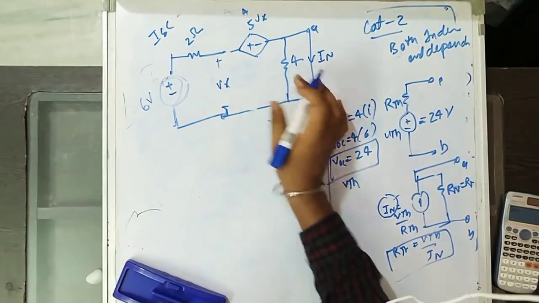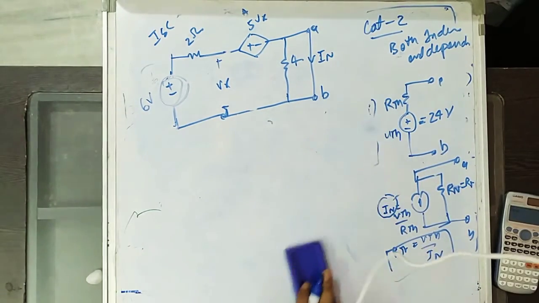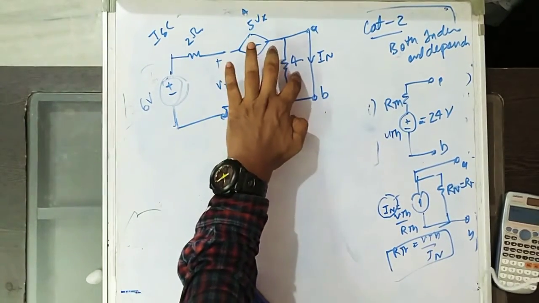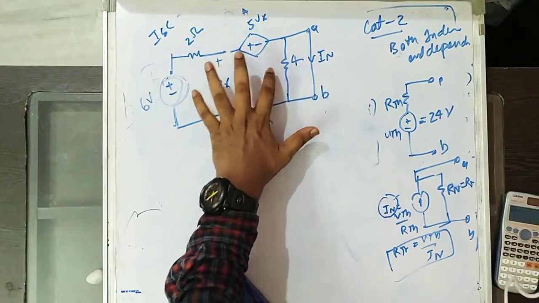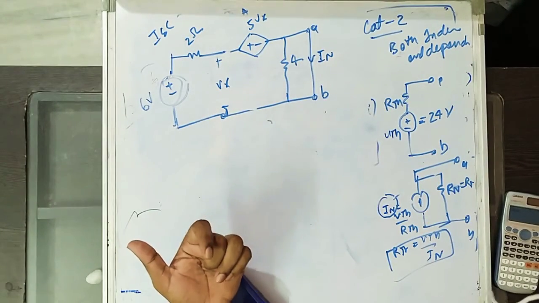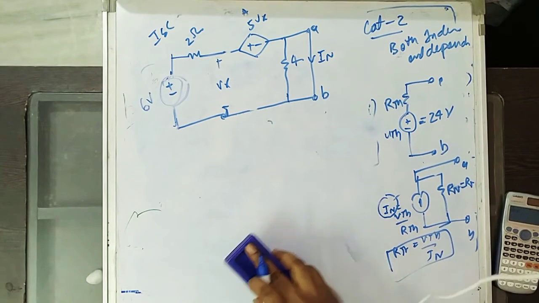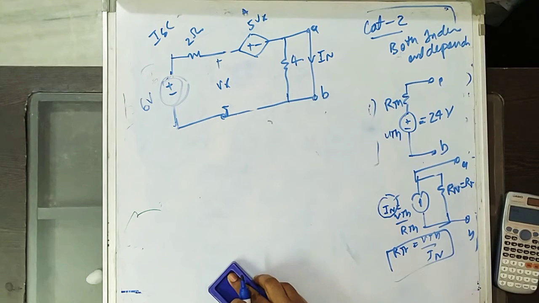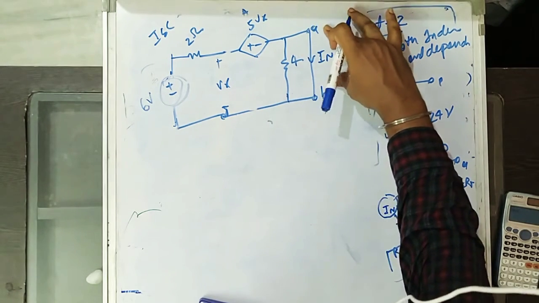We have two loops, loop 1 and loop 2, so you will get loop 1 and loop 2 equations. Solving them, you will get I2 equal to IN. That is no problem, but instead of doing it that way, I am saying simply that this 4 ohm is shorted by these AB terminals.